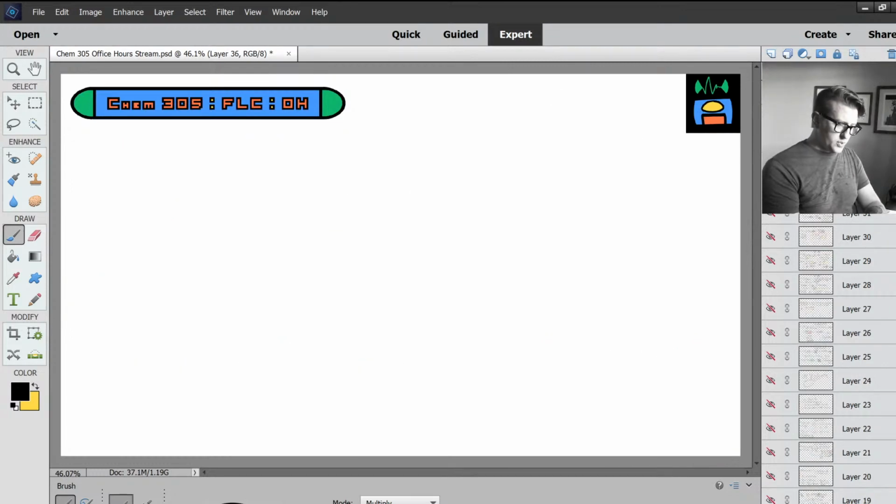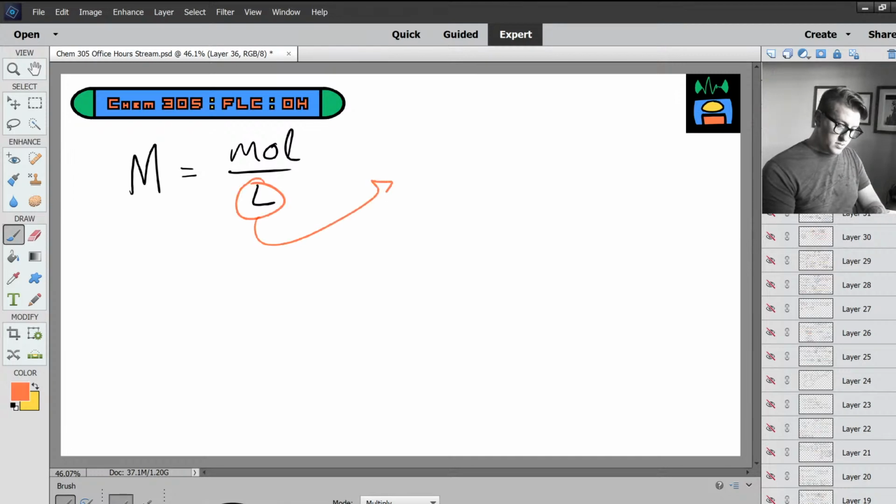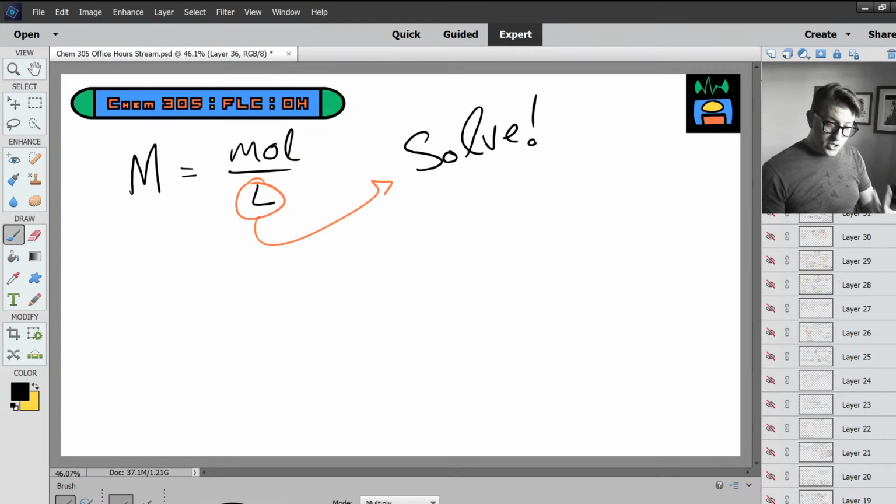Right, so Brianna, remember, we've got molarity is equal to moles over liters. The thing to remember here is we want to solve for this guy. To solve for a variable, you need to do two things. One, it needs to be in the numerator.